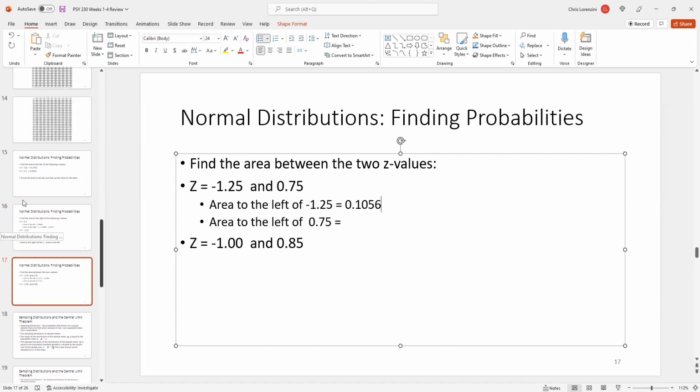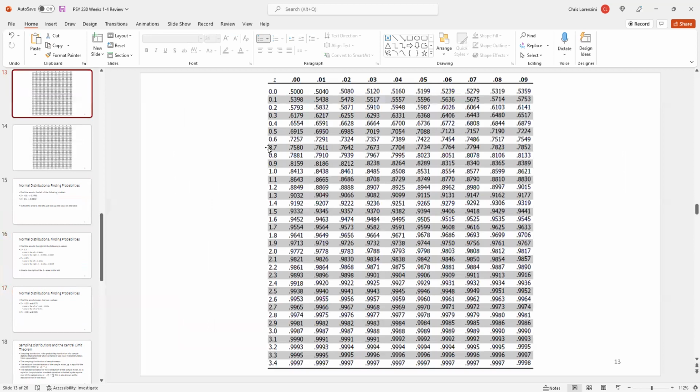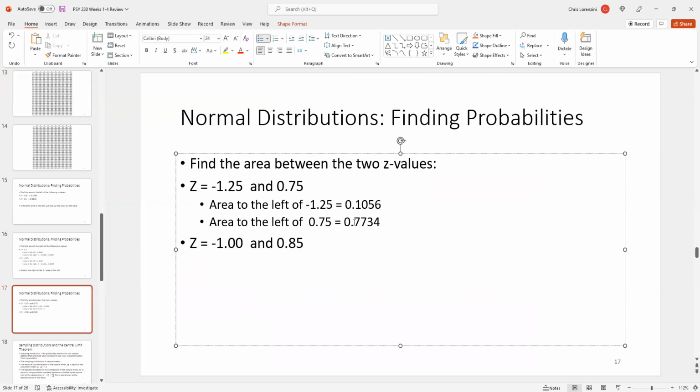Now we've got to find the area to the left of 0.75. So I'm going to come back to my table here, 0.75. And I see that I get a score of 0.7734. So that value is 0.7734. To find the area between, I'm going to subtract the smaller amount from the bigger amount.